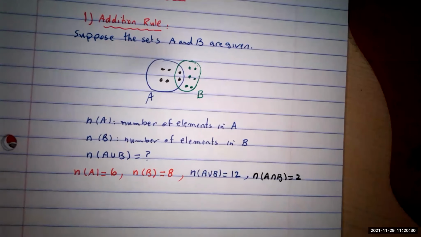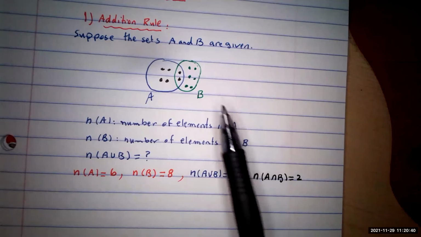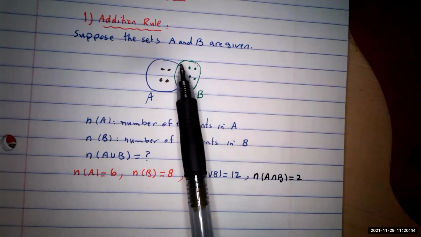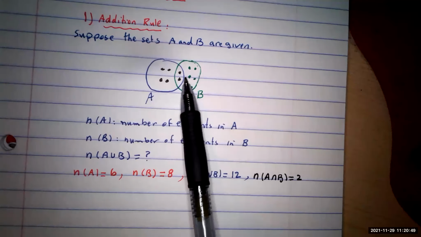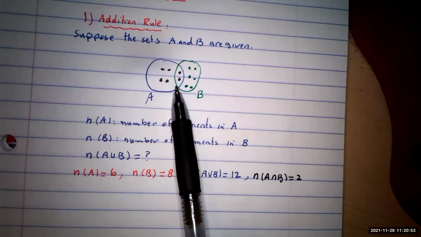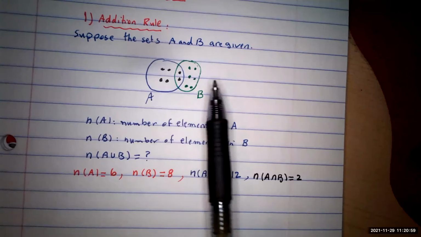Very good. You see, the question is, we want to know the relationship between these numbers that we put over here. If you want to count the members in A union B, naturally, you are going to count all the members in A, then all the members in B. If you count only the members in A, this is going to be 6 elements.